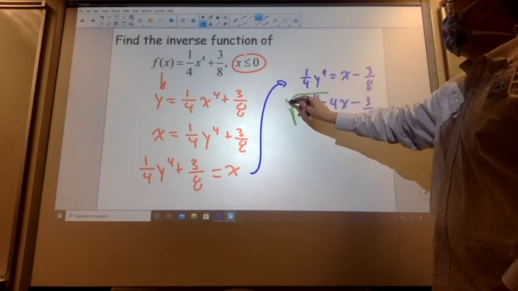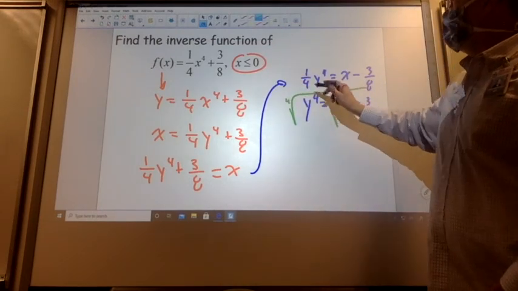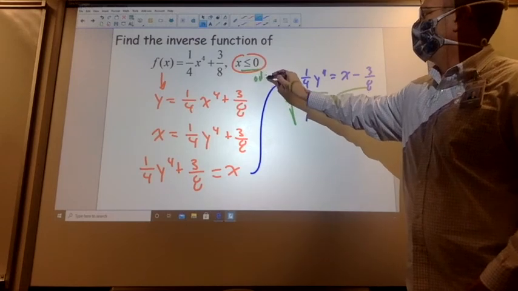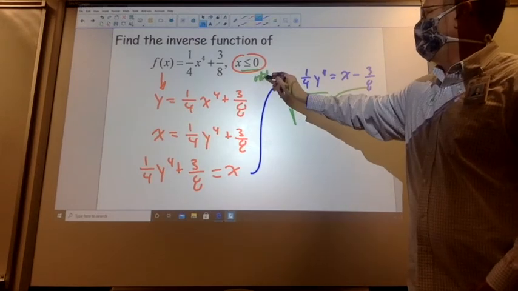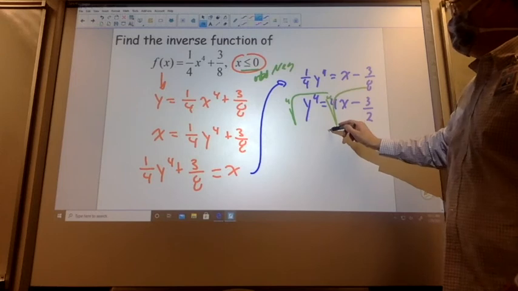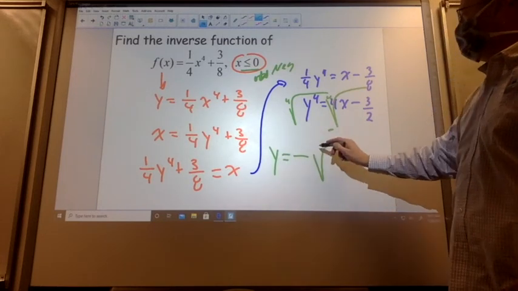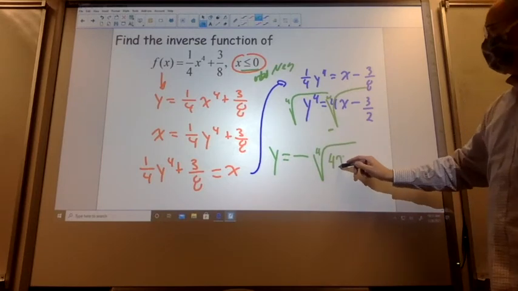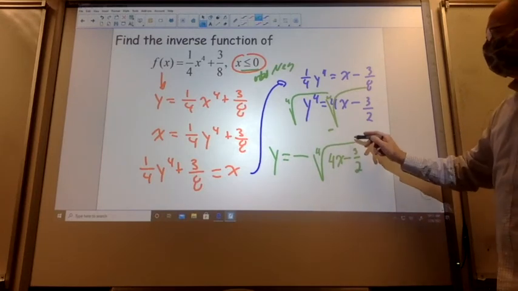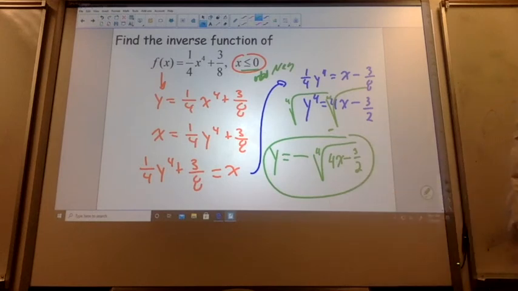Take the 4th root of both sides. We wanted negative numbers, so that's going to be a negative here. So I get y equals the negative 4th root of 4x minus 3/2. And we're done.